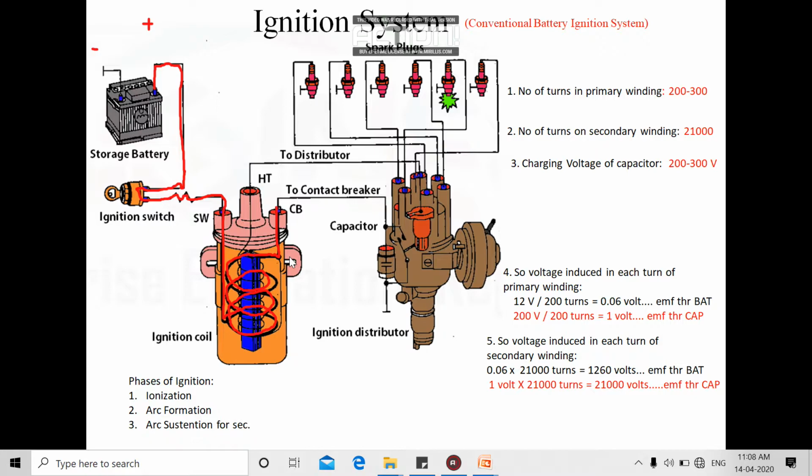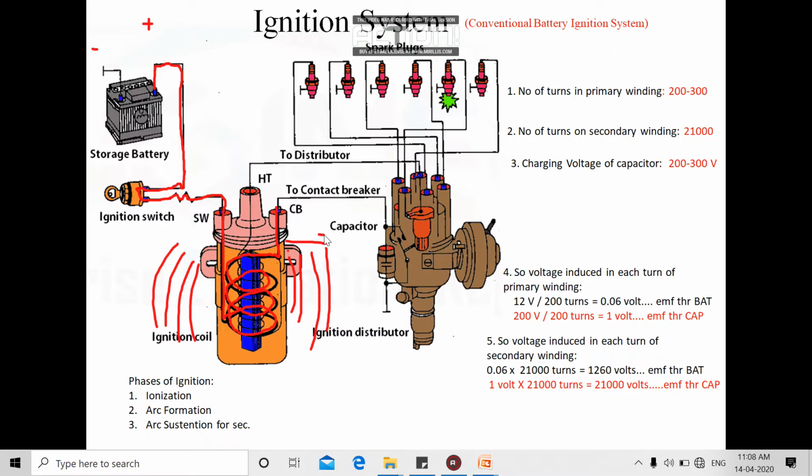As the sun rises from 0 to maximum, in that way the magnetic field also develops gradually, on all 360 degrees about the ignition coil. In this 2D plane we are just showing the two sides. So it develops from 0 to maximum level.